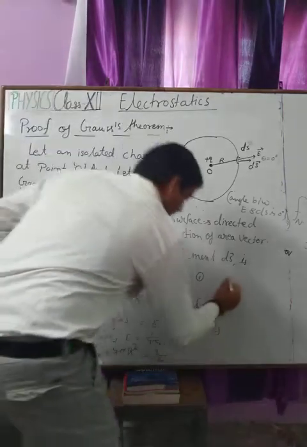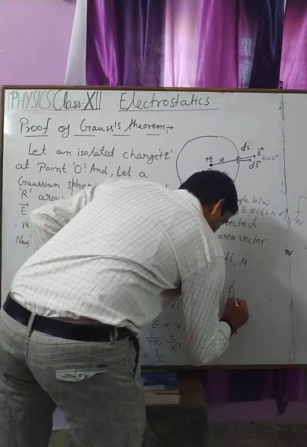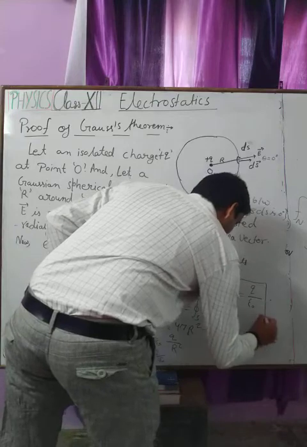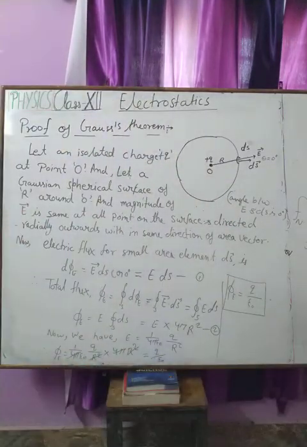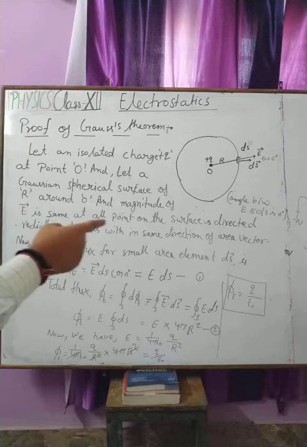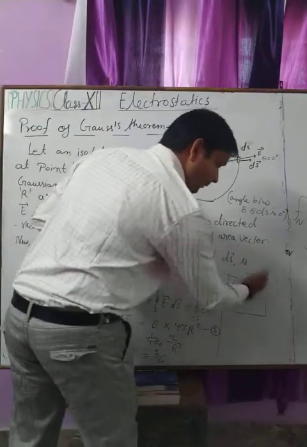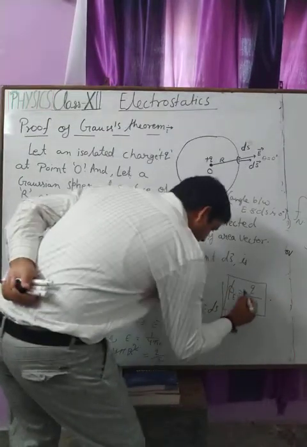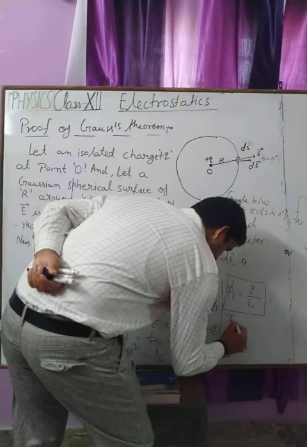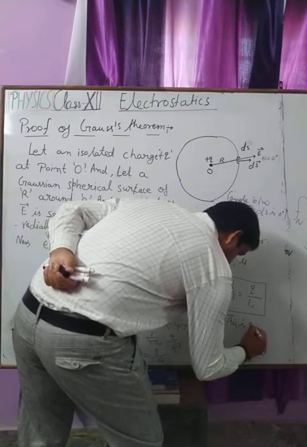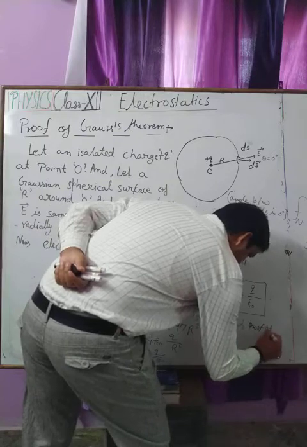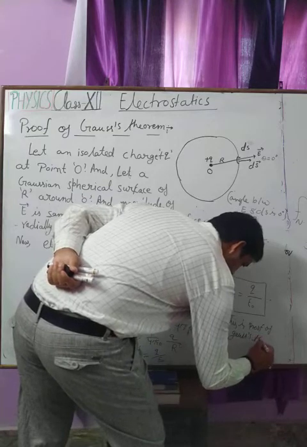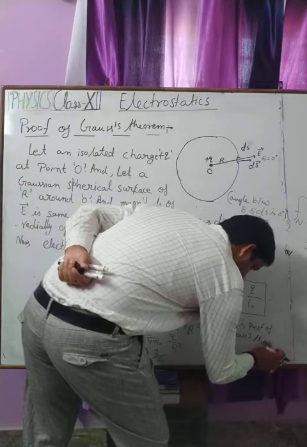So this is the proof of Gauss's theorem: the value of the flux passing through the surface is q upon epsilon naught.